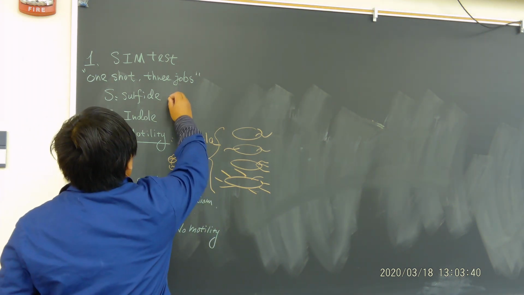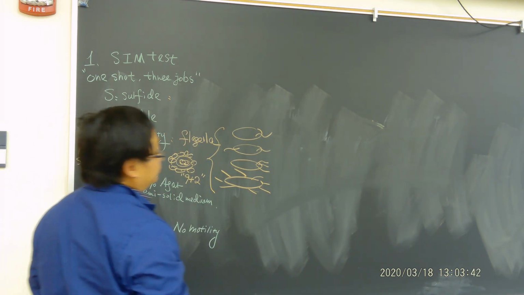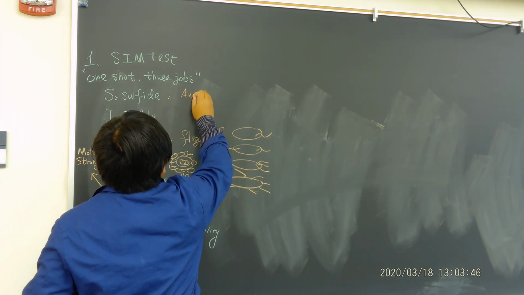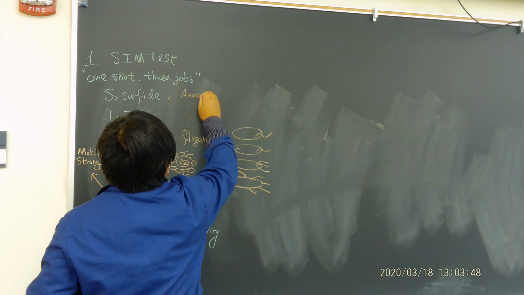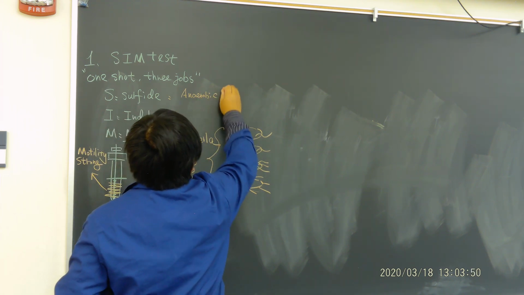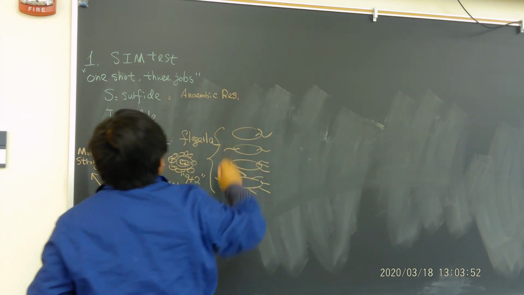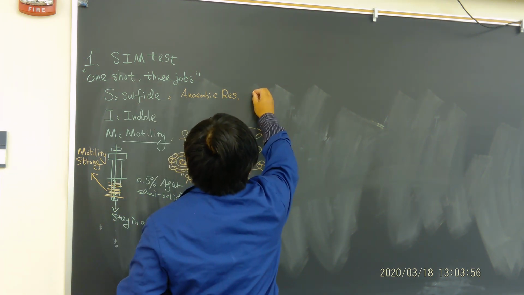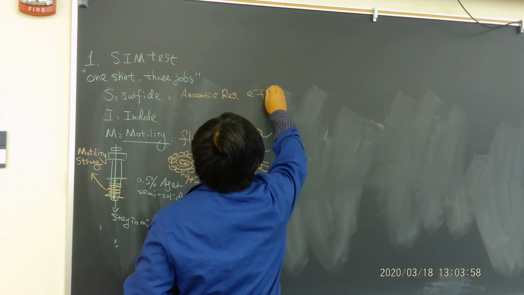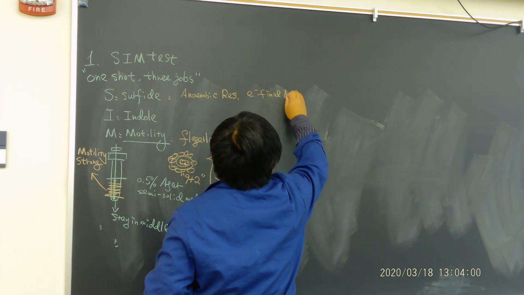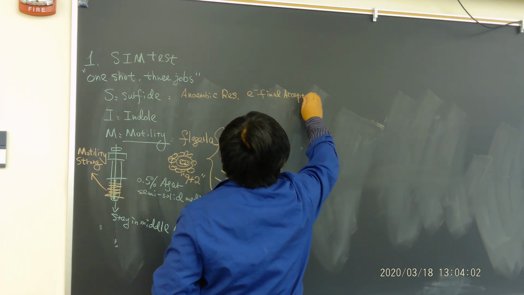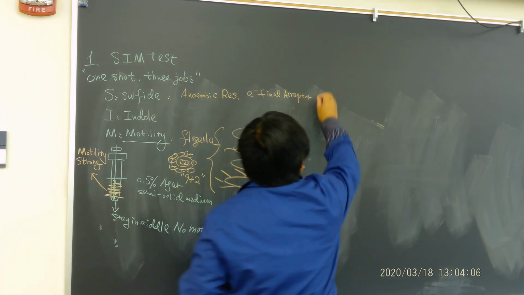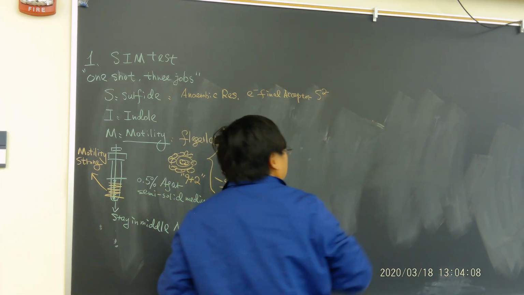The second thing we want to talk about is sulfide. Here we're going to talk a little bit about anaerobic respiration. So you need to know why we do the sulfide test. For some of the bacteria, their electron acceptor is not oxygen. It can be other inorganic chemicals, for example, sulfate.